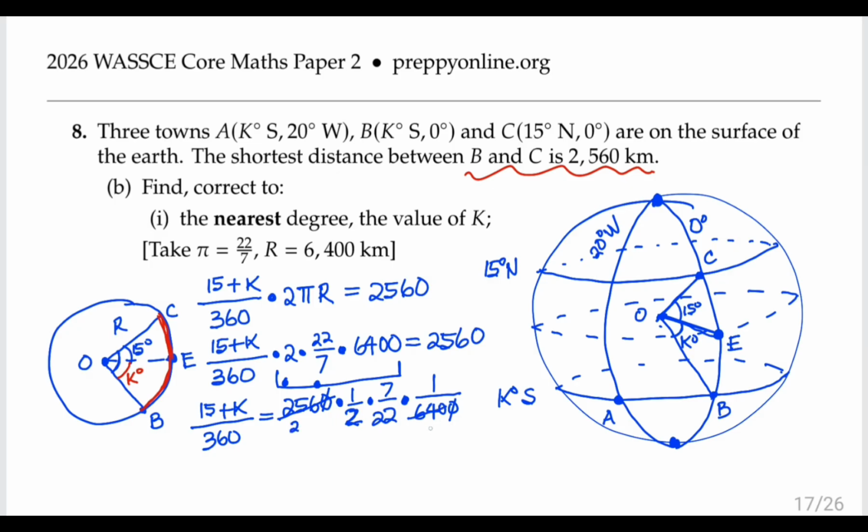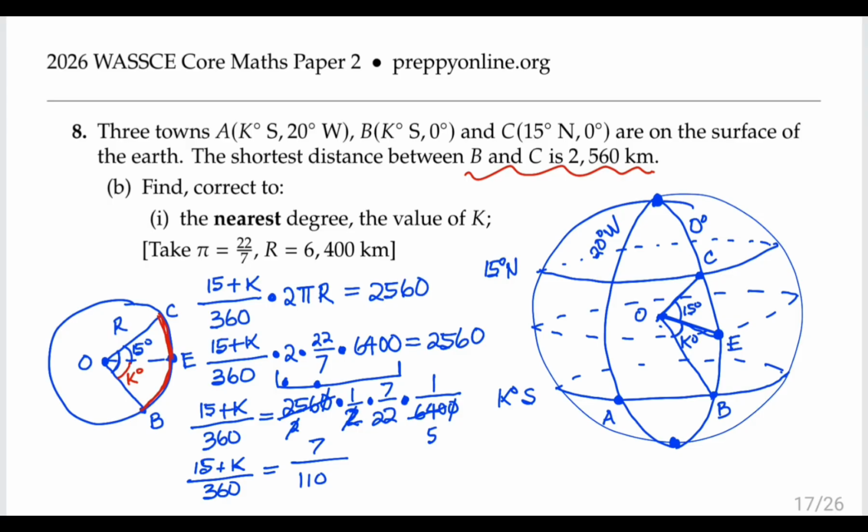If we cancel this with 128, we get 5. This 2 cancels this 2. So we are left with 7 over 22 times 5. So we now have 15 plus k over 360 equals 7 over 22 times 5, which is 110.